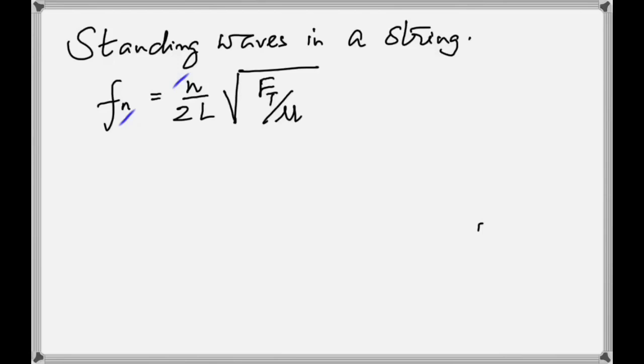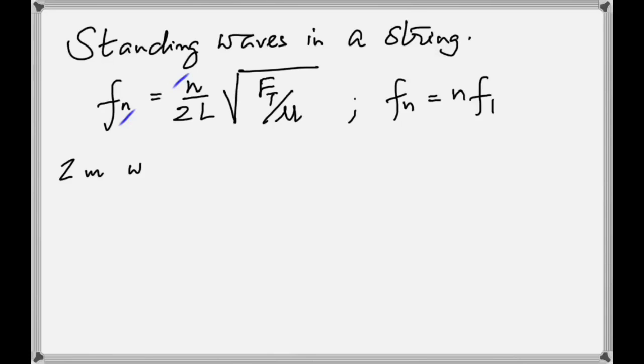The fundamental frequency is the smallest frequency that can be produced in a stretched string, which means the harmonics are integral multiples of the fundamental frequency. So Fn is n times F1, where F1 is the fundamental frequency.